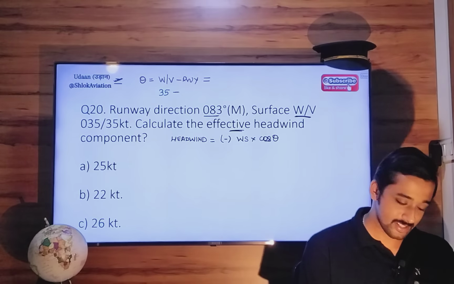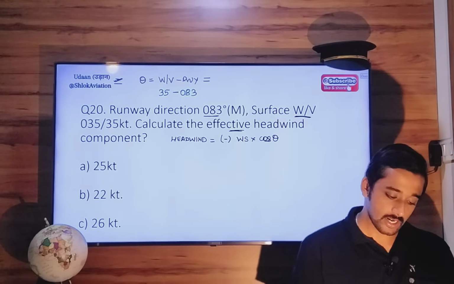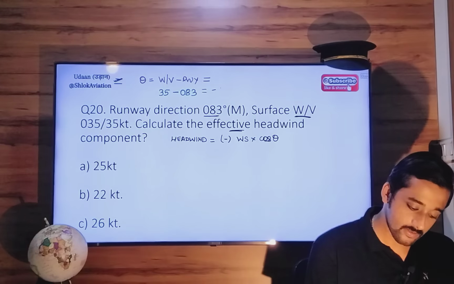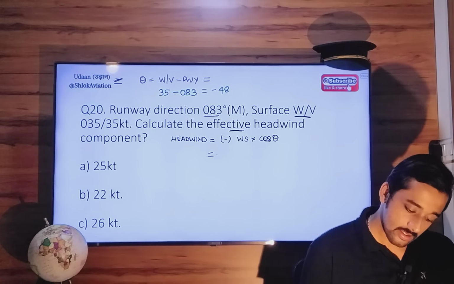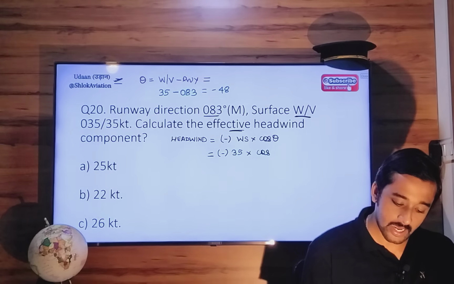Runway direction is 083. So 35 minus 083 is minus 48. Substitute here: wind speed 35 knots into cos minus 48.